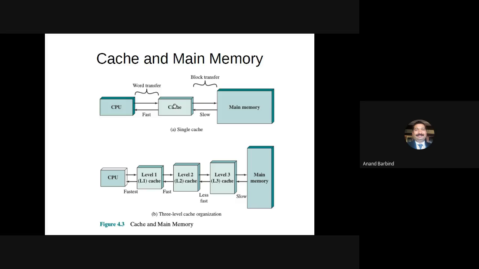So what happens when the CPU needs some instruction from a block which is not present in the cache, or when the CPU needs some data which is in a block that is not present in the cache? In that case, the block is always present in the main memory.